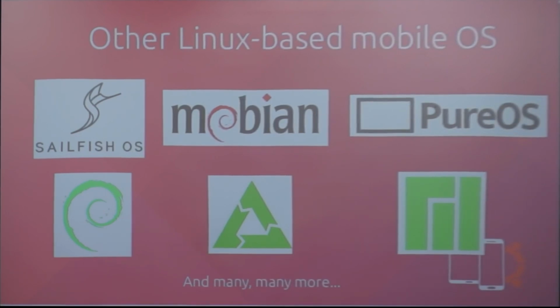And the other four on the right, which are Mobian, PureOS, postmarketOS, and Manjaro ARM, are more focused on mainline-based phones such as PinePhone and Librem 5 from Purism. These phones run a mainline-based kernel and have normal Linux kernel interfaces to the hardware, which allows them to be essentially blob-free.